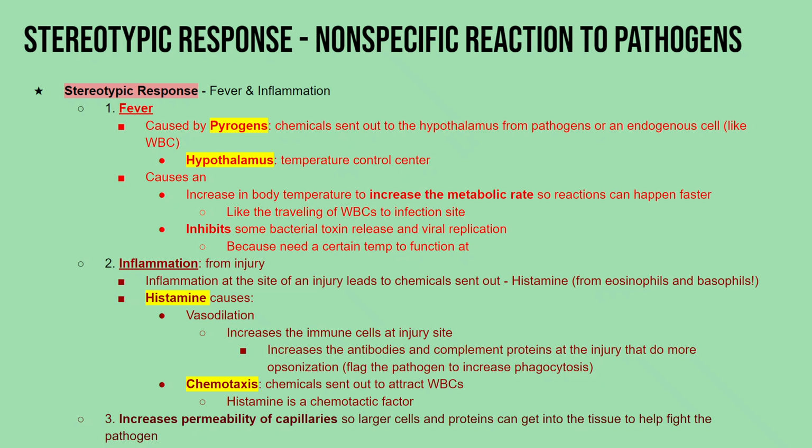And then inflammation is caused by histamine, and histamine is released from eosinophils and basophils. So those are just different types of white blood cells. And histamine causes inflammation, which actually is vasodilation, which is widening of the radius of the vessels to try to get as many white blood cells to the injury site as it can.